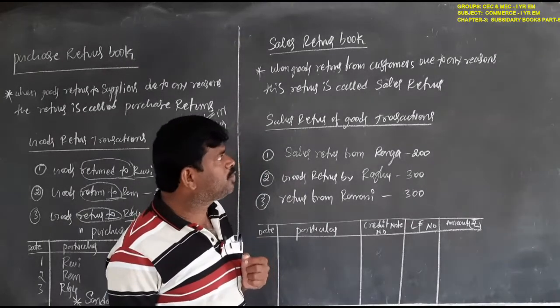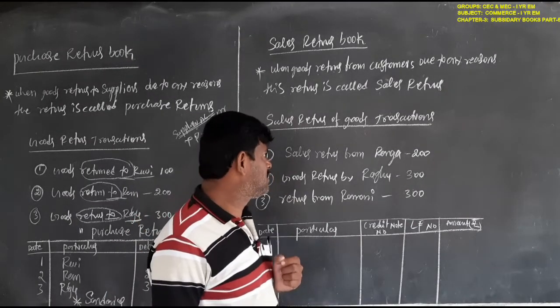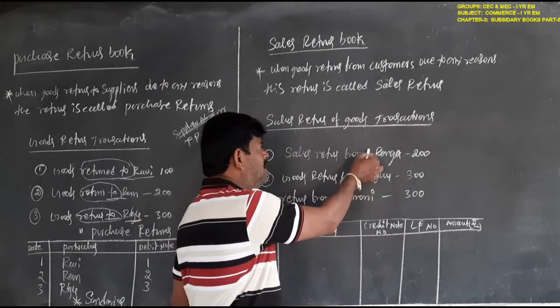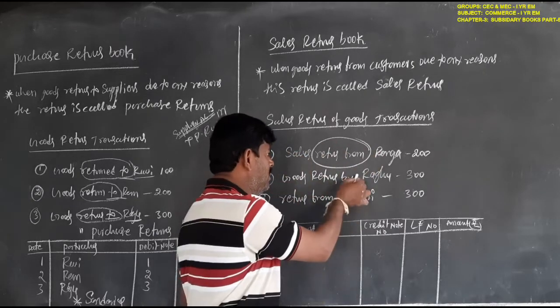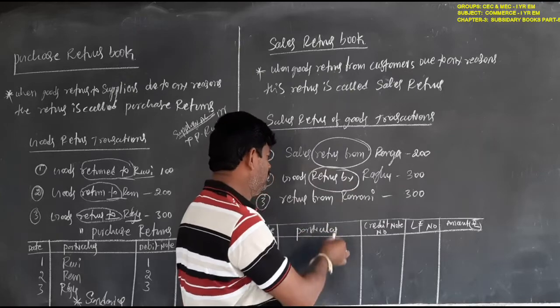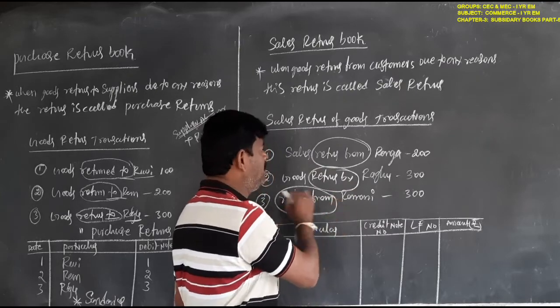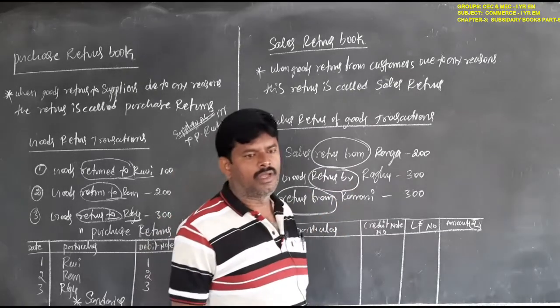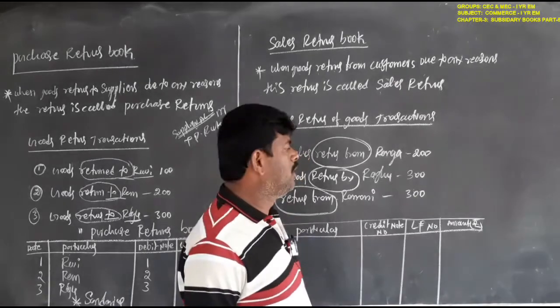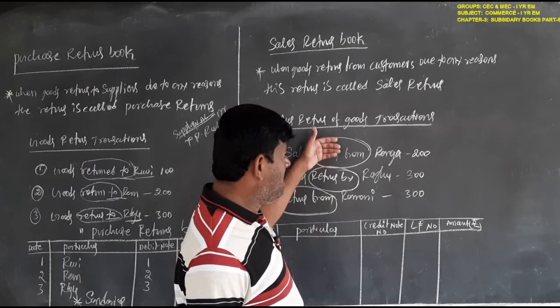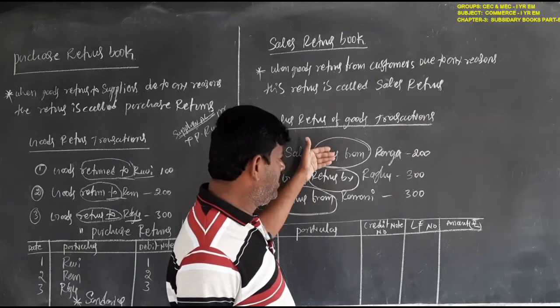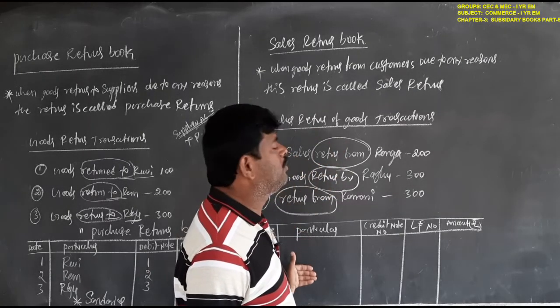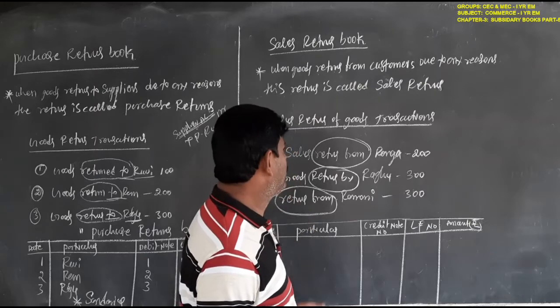And how do we identify whether transactions are sales return transactions or not? Returns from, returns by, whatever it may be, these are the key terms you have to remember. When they are given in the problem this way, it should be recorded in the sales returns book.